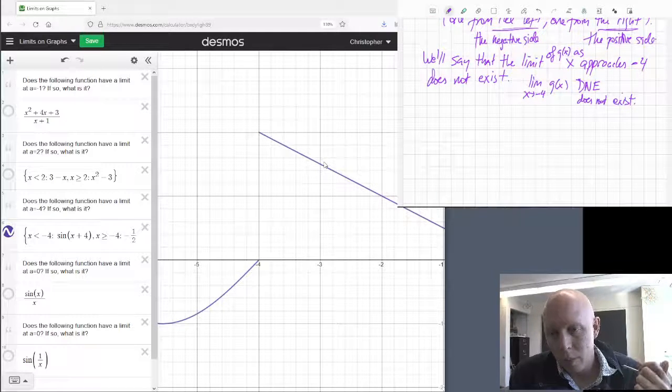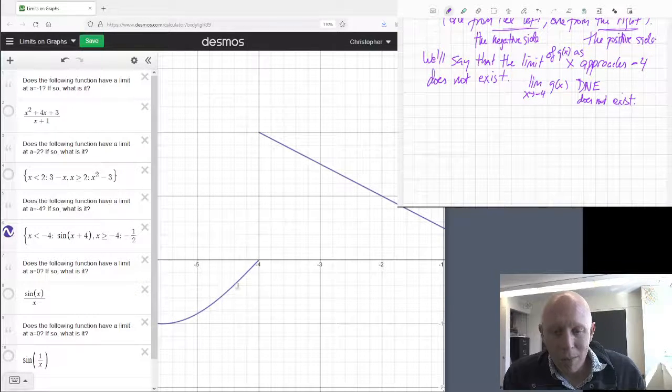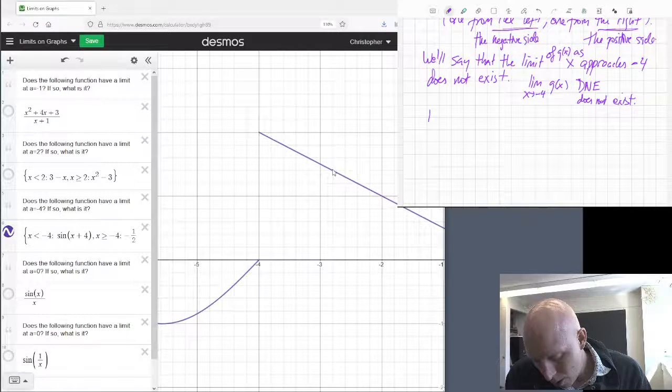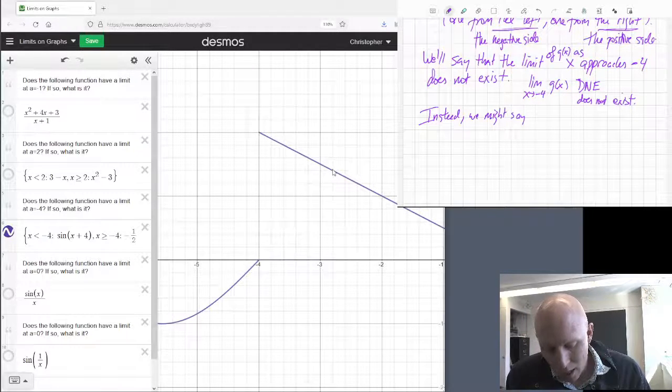But what we would say is that maybe the limit on the left and the limit on the right exist. So instead, we might say that the one-sided limits exist.